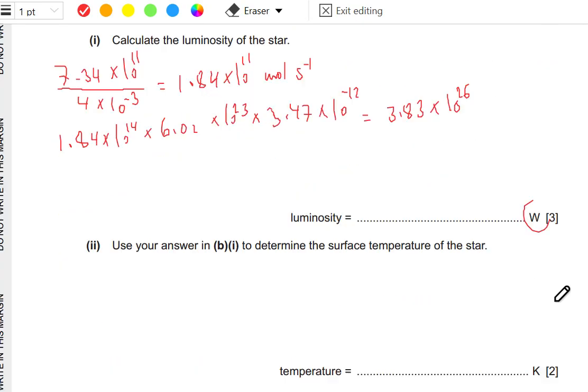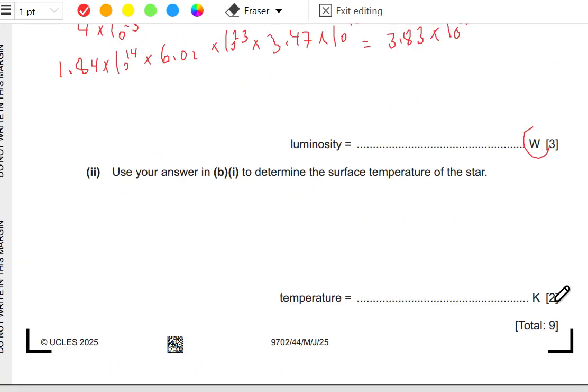Determine the surface temperature of the star. We have Stefan-Boltzmann relation. We will rearrange for T as the subject, so we will have all to power 1 over 4.